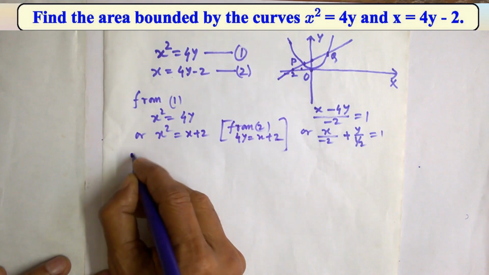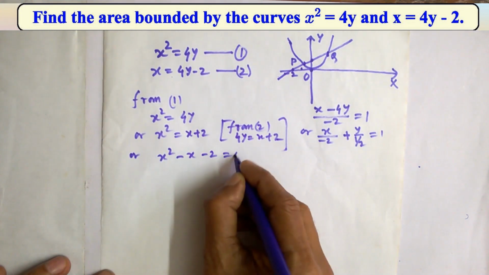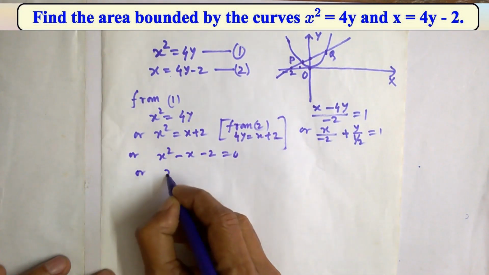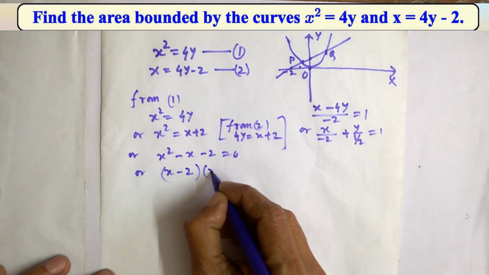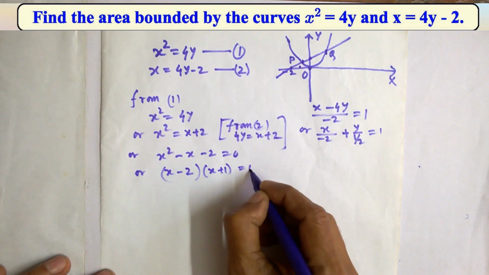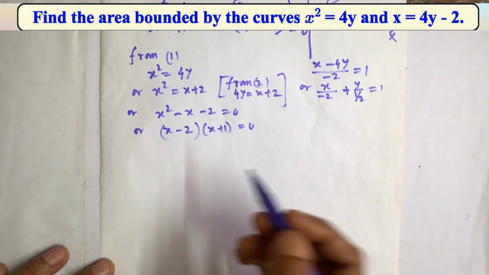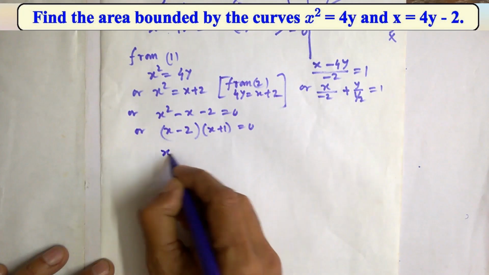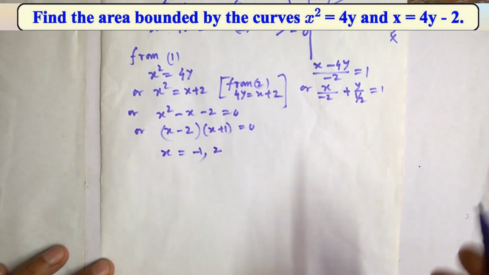Now x square minus x minus 2 is equal to 0. Factorize and solve it: x minus 2 into x plus 1 is equal to 0. Equating these two factors separately to 0, the values of x are minus 1 and 2.